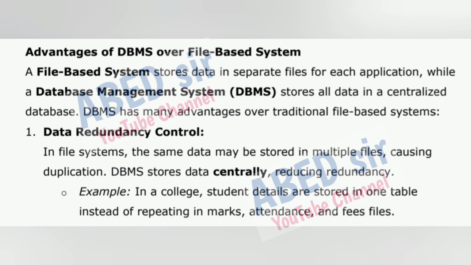Data redundancy control. In file systems, the same data may be stored in multiple files, causing duplication. RDBMS stores data centrally, reducing redundancy. Example, in a college, student details are stored in one table instead of repeating in marks, attendance, and fees files.